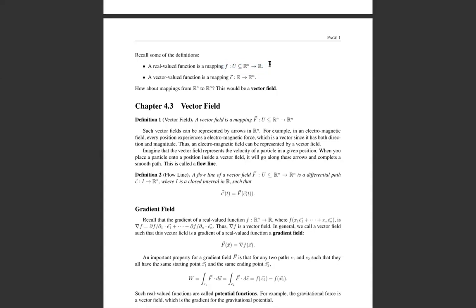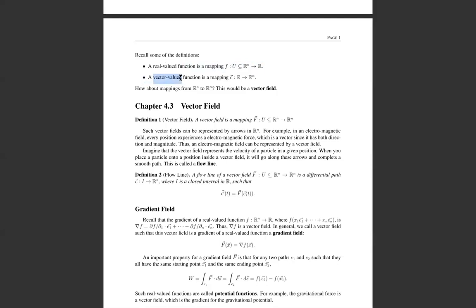Imagine you have an object in Rn, so that is a subset in Rn, and different locations have different densities. In total, that is a mapping from a subset of Rn to a value in R. That is a real value function.